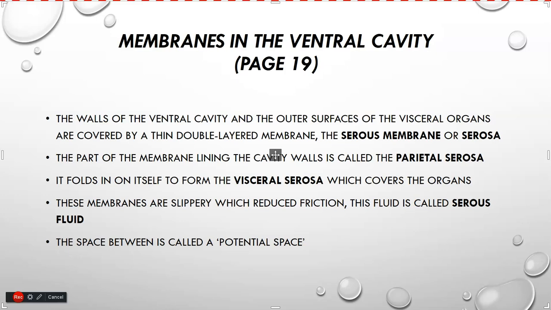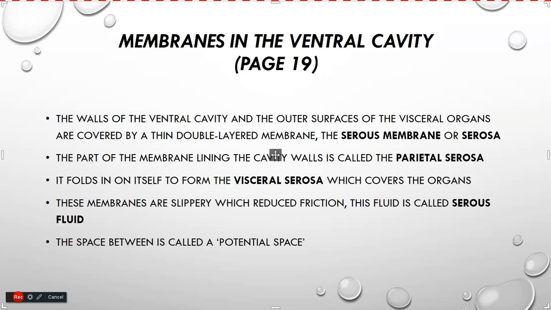The first thing is that the ventral cavity and the outer surfaces of the visceral organs that we find in there are covered by what is called a thin double-layered membrane known as the serous membrane or the serosa. So the outside of the organs and the cavities themselves in these ventral cavities are covered with this serous membrane or serosa.